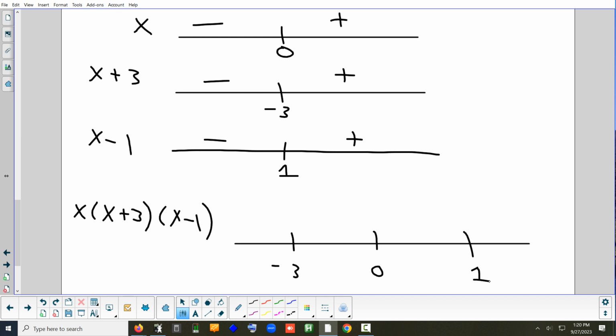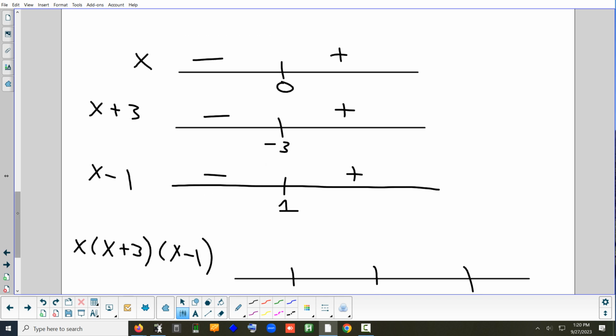So let's start with the below -3 section. In the top number line, if I am below -3, what section am I in? Negative. How about in the middle number line? If I'm below -3, what section am I in? Negative again.